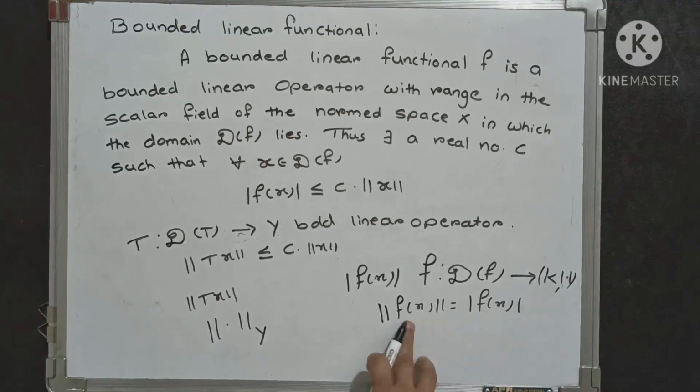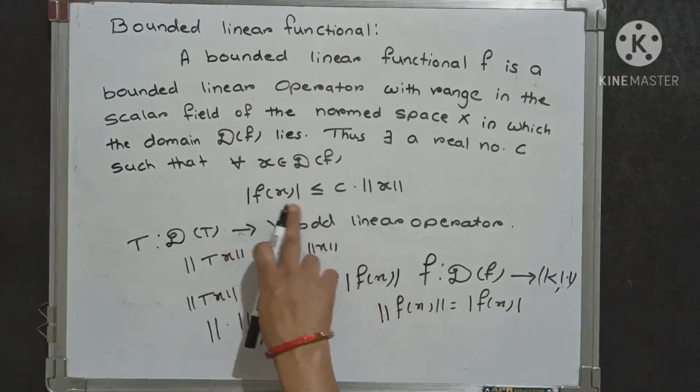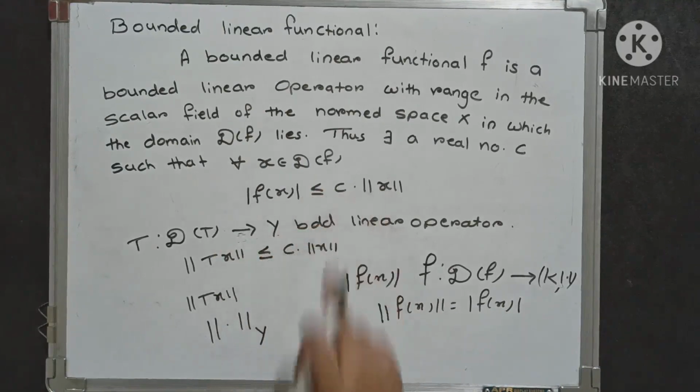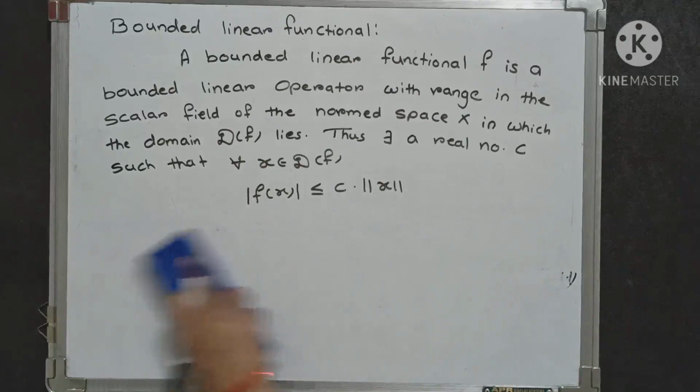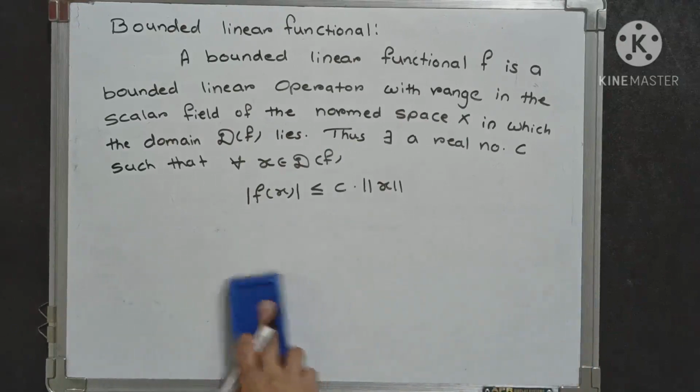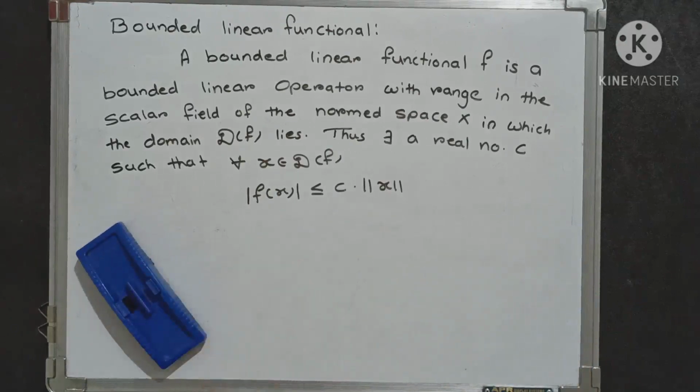And therefore instead of writing norm of f of x, we are writing mod of f of x is less than or equals to c into norm of x. This is the definition of the bounded linear functional.